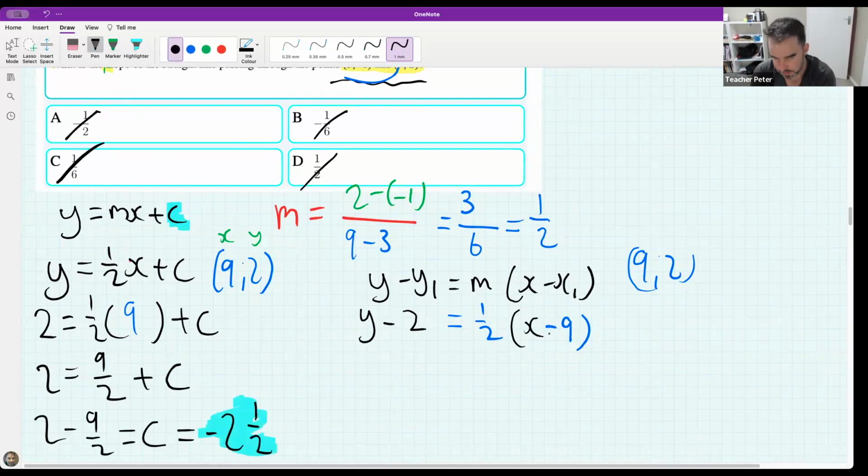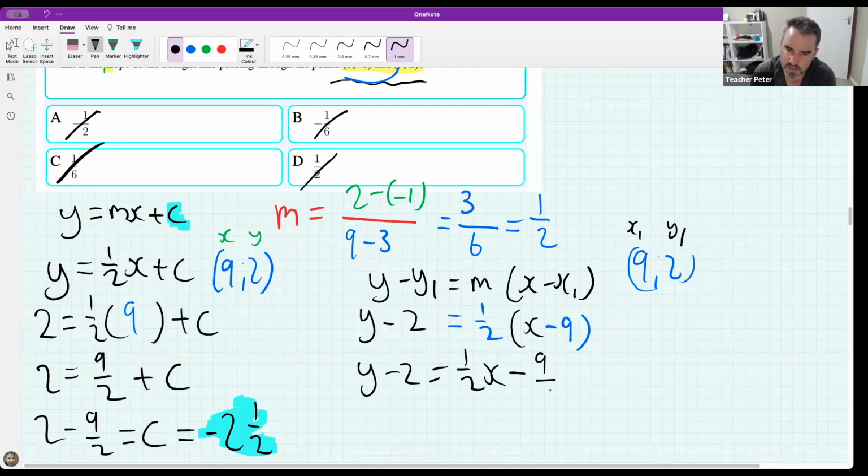In this other method, where I basically wrote in the gradient, and then I just used a point, and I put 9 for where the x is. So it's almost like that's x1 and that's y1. I still have to do a bit more work, but it's not too far away from being done. So if I do that, I will get that.